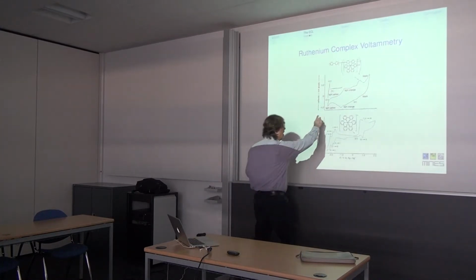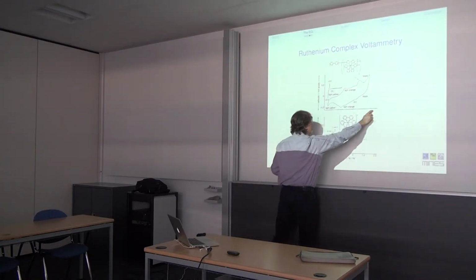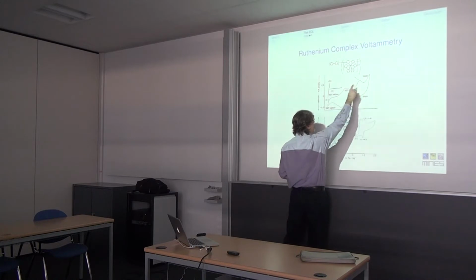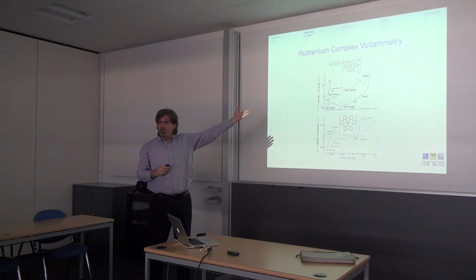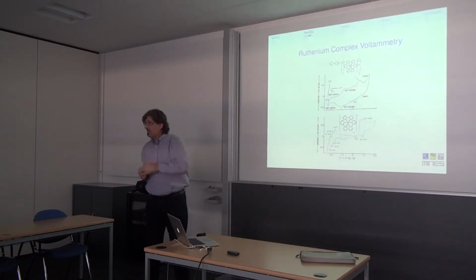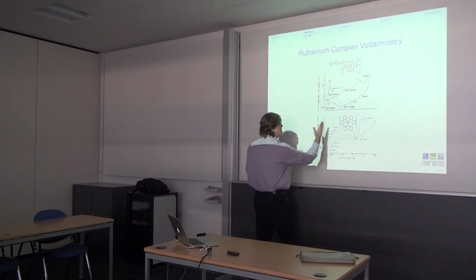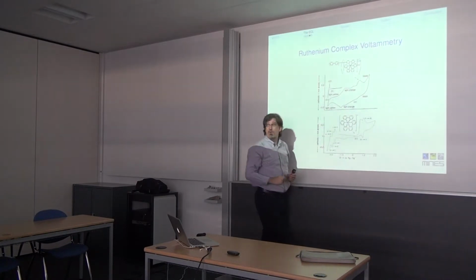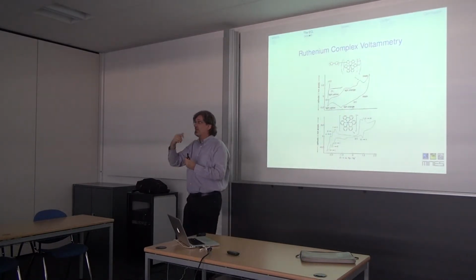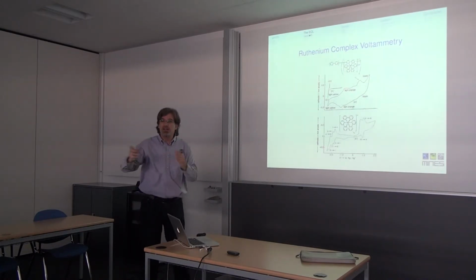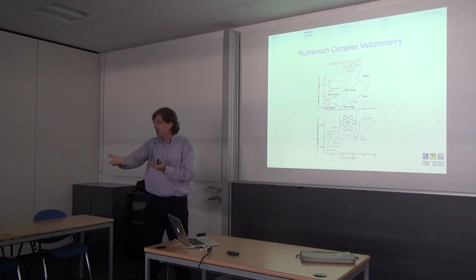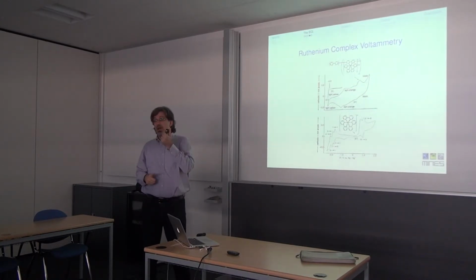So I go up and down, and I have back this response in terms of current, but the important point is that every time I pass in front of this moment, I have the current, because I have the reaction, because it is a redox, so in this case we saw it's an oxidation, so I have exchange of electrons, and so I have the current. But at the same time, I have emission of light.